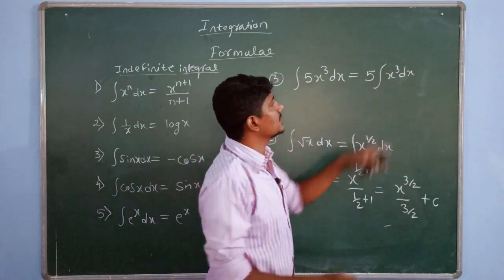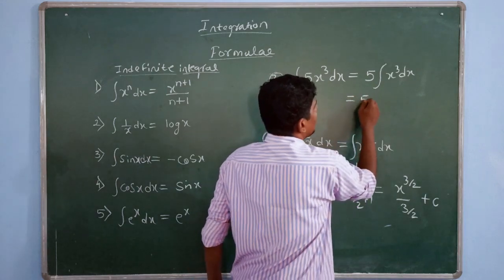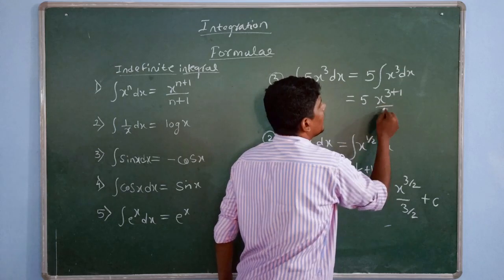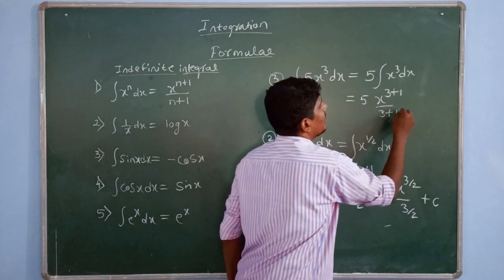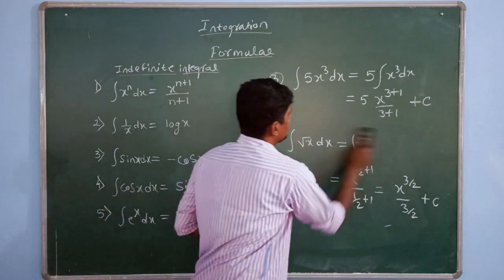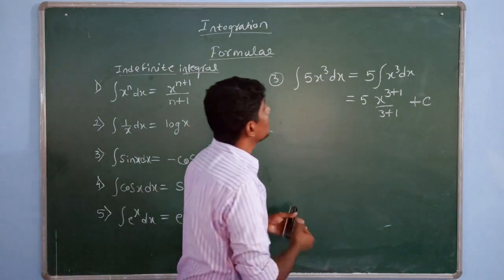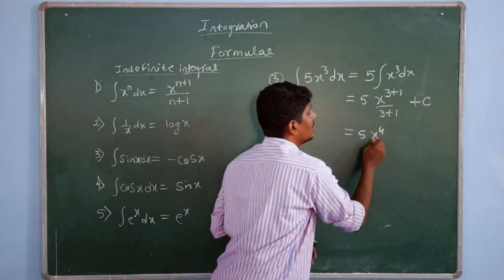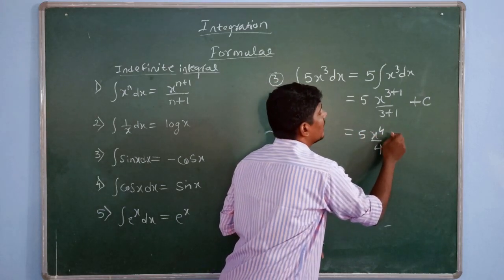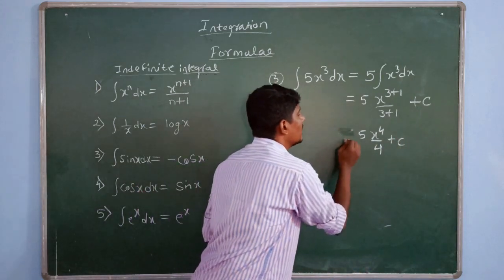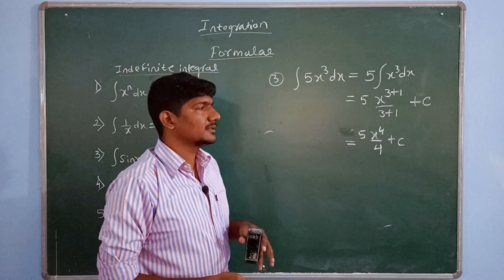Now integrate x raised to 3. 5 as it is, x raised to 3 plus 1 divided by 3 plus 1 plus c. Finally it is 5 x raised to 4 divided by 4 plus c. This is your integration answer.